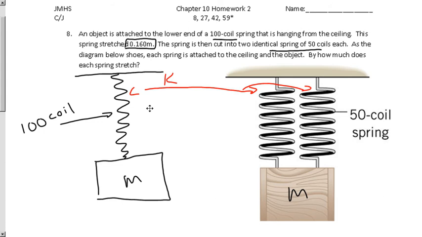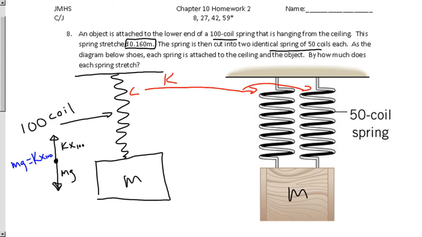So what that means is that if we have this mass hanging here, a free body diagram of this mass would show us that the force of gravity mg going down is equal to the spring constant K times x of the 100 coil spring. So then we've got those two forces equal to each other. Mg equals K times x100.